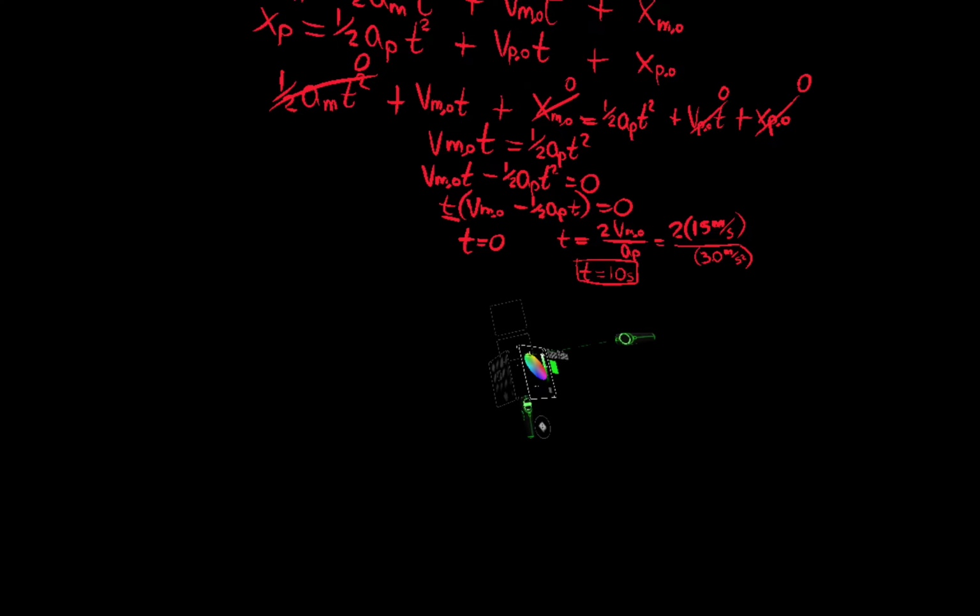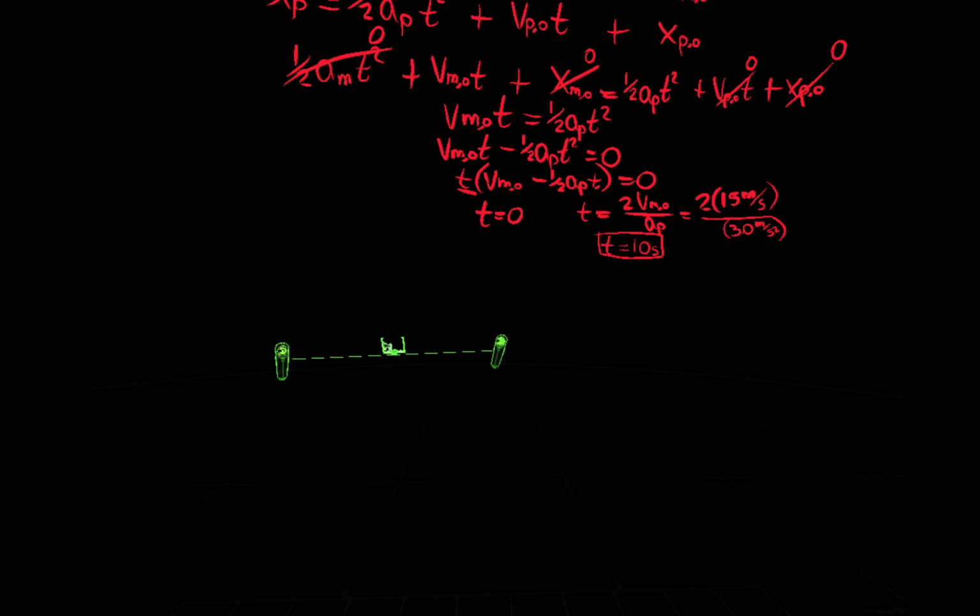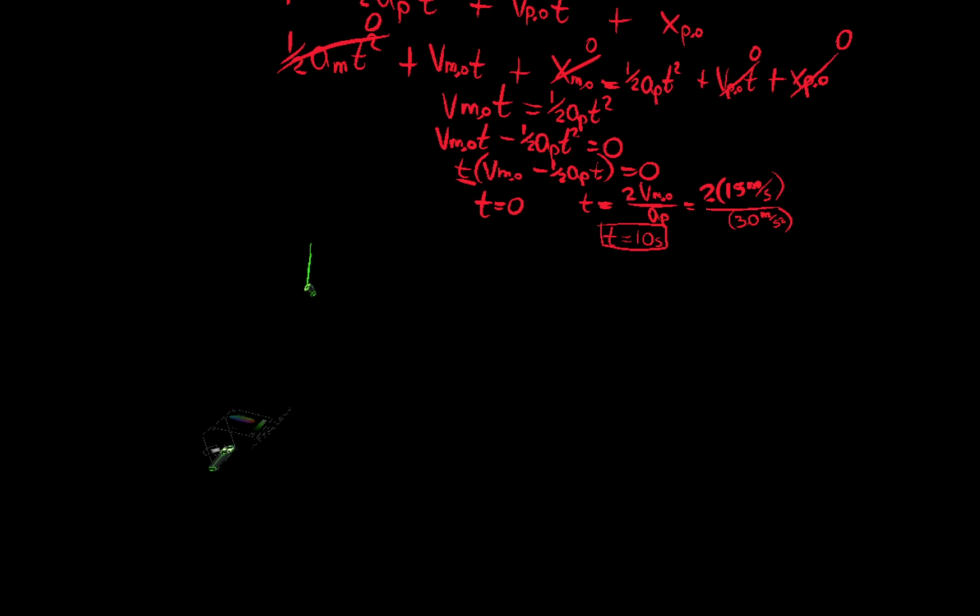Let's go green. And now for part B, we have t is equal to 10 seconds. That's what we solved for. And what is the speed of the police officer at that time? That's what we're wanting to know now.